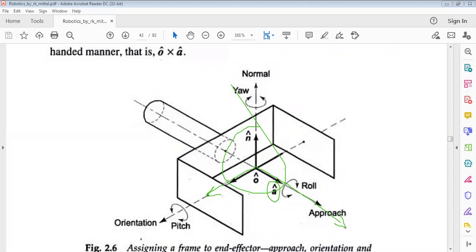In this direction, the end effector fingers can open and close. We use this kind of motion of the fingers to hold the object.